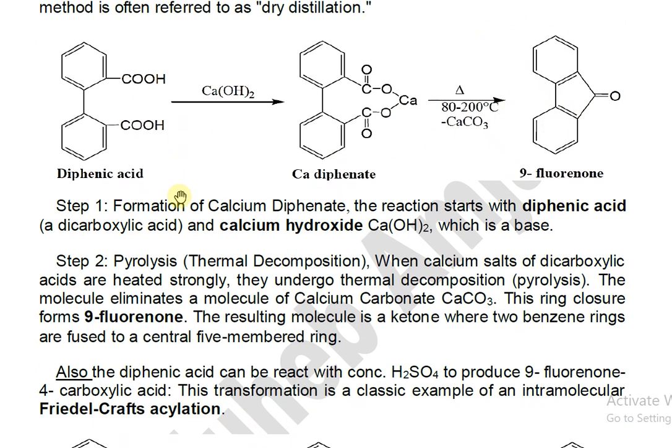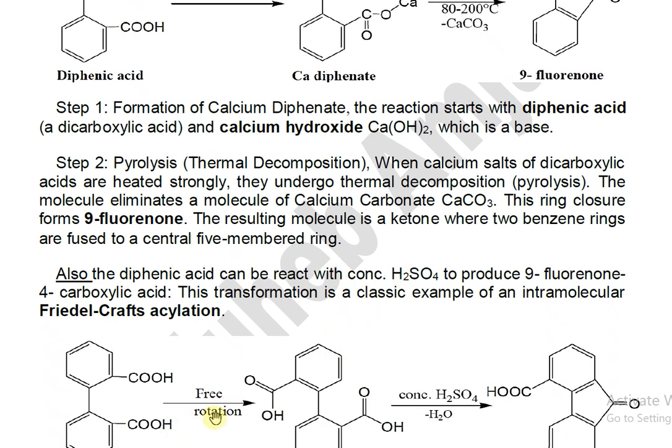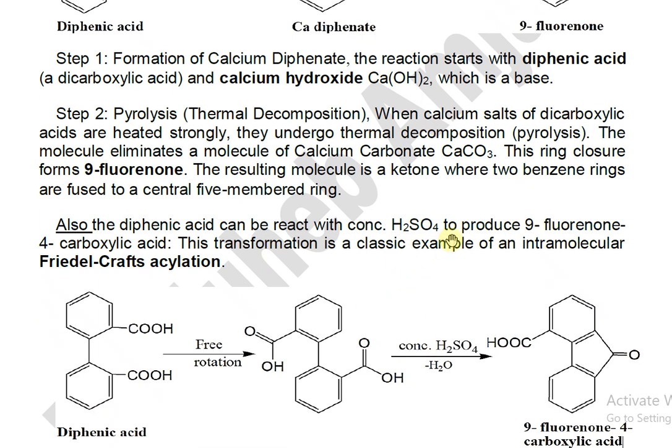Also, diphenic acid can react with concentrated H2SO4 to produce 9-fluorenone 4-carboxylic acid. That means, if you look here at diphenic acid, we have free rotation around this carbon-carbon single bond, and this ring can rotate, and this group will be converted to here, or the reverse is also right.